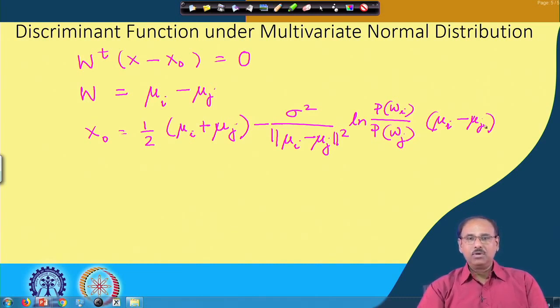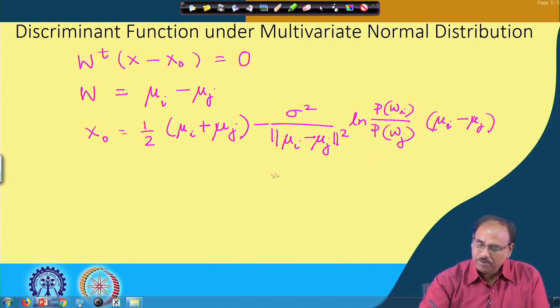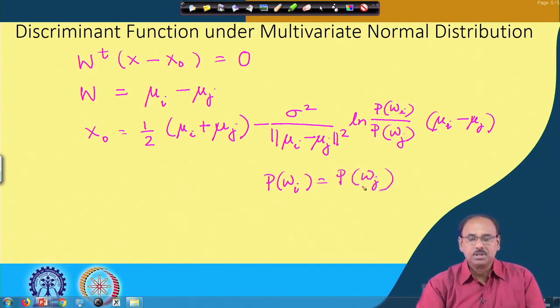And here if you look at the expression for x naught, and particularly under the case if I consider that p of omega i is equal to p of omega j, that is both the classes omega i and omega j are equally probable, the a priori probability is same. Under this case, log of p omega i upon p omega j will be equal to 0.